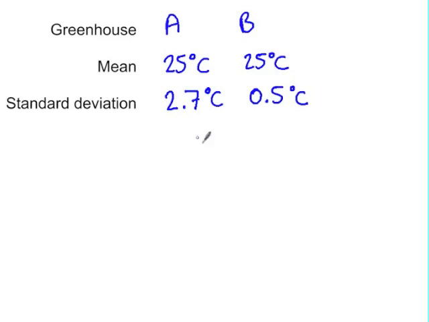Therefore, what we can say is that although both greenhouses maintained the same average temperature, greenhouse B was more consistent than greenhouse A, or A had more variation in temperature than greenhouse B, and we can quote the standard deviation to mathematically support those conclusions.